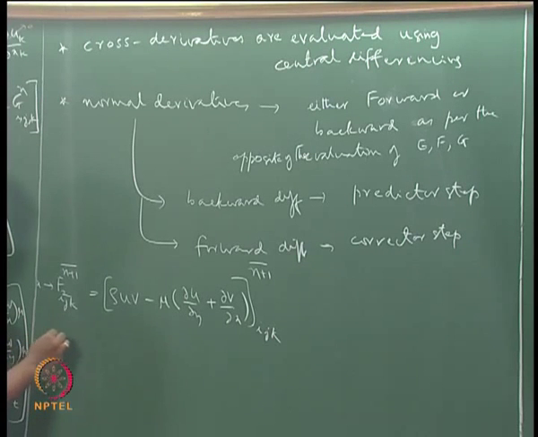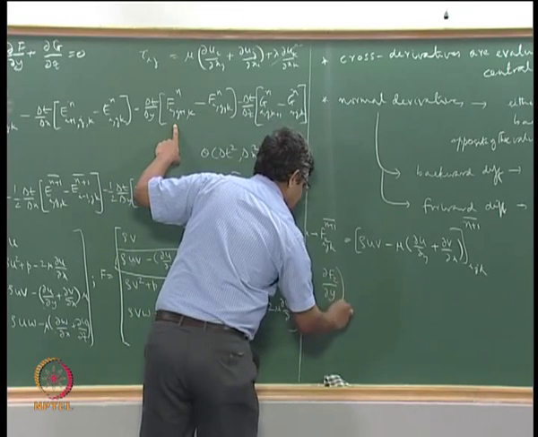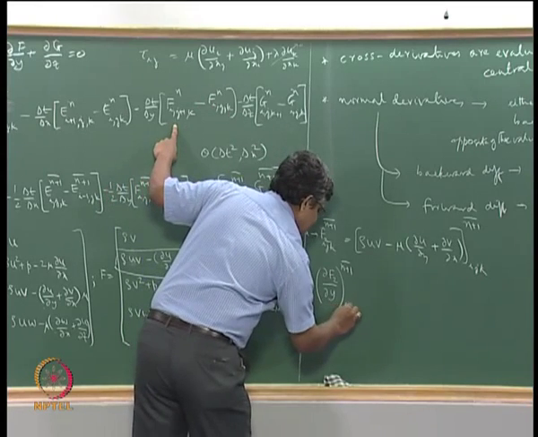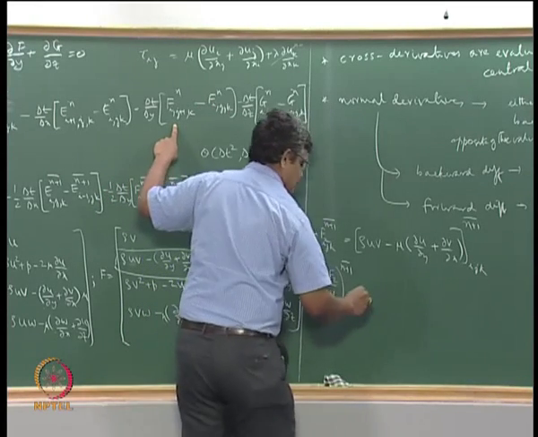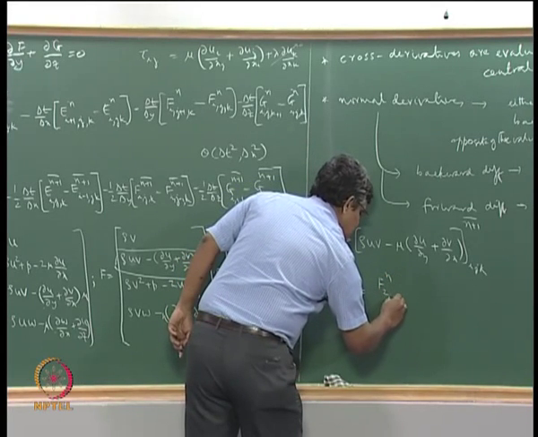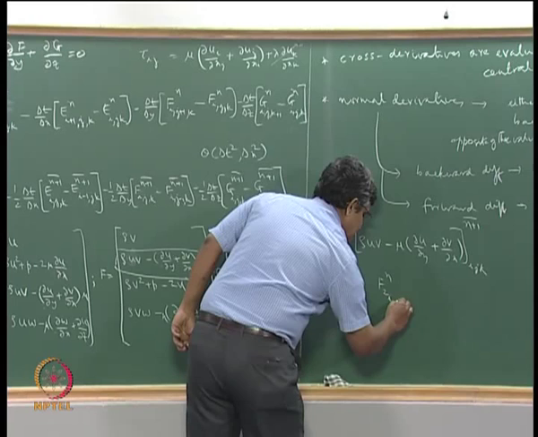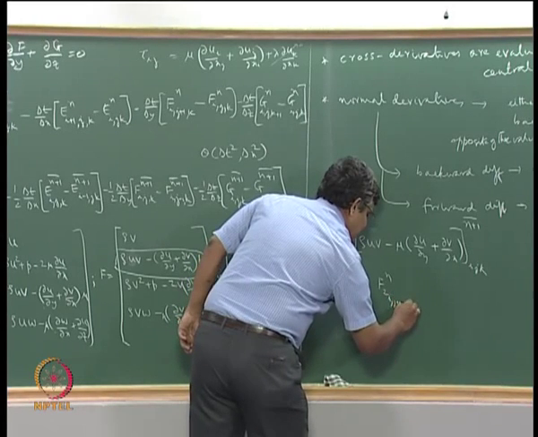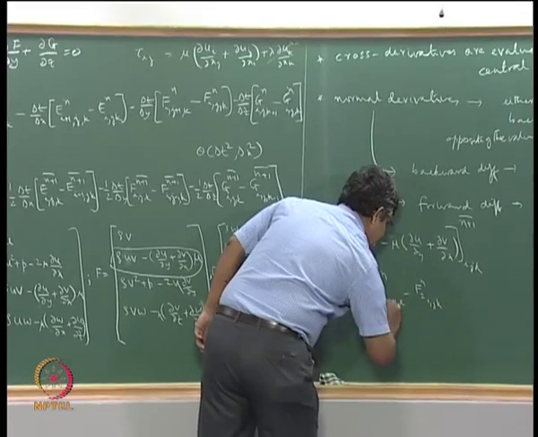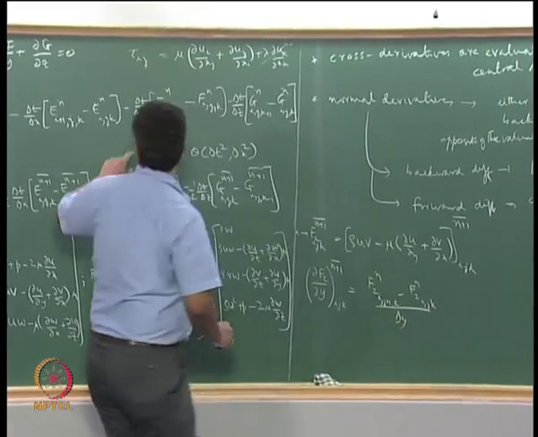Essentially what we are looking at is what is dou f2 by dou y as it appears here, at ijk, evaluated as f2 n at i, j plus 1, k minus f2 n at ijk, divided by delta y. Okay, so that is what we have here.